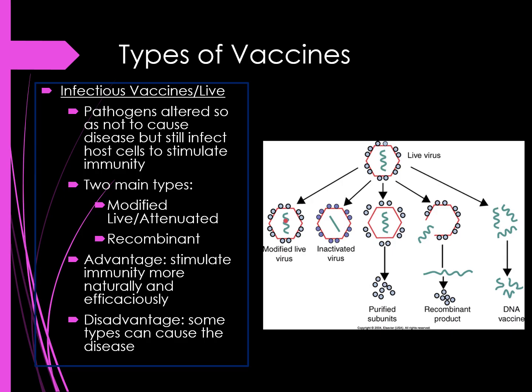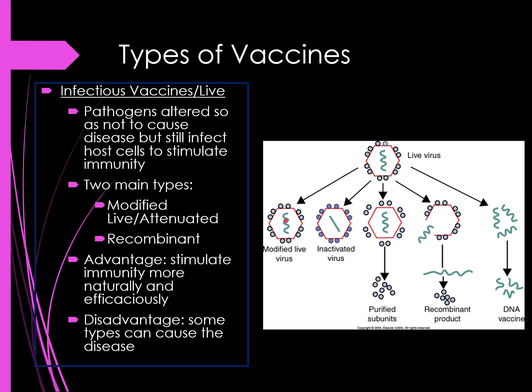So you can see that the virus up here can be used to make modified live vaccines and other forms of inactivated virus vaccines like the subunit, the recombinant, and the DNA type vaccines. The modified live and the recombinant are both considered types of live vaccines, although they differ in how they're produced.